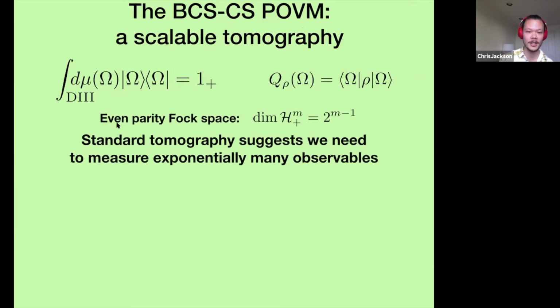So here is the even parity Fock space. Its dimension is 2 to the n minus 1, where n is the number of modes.